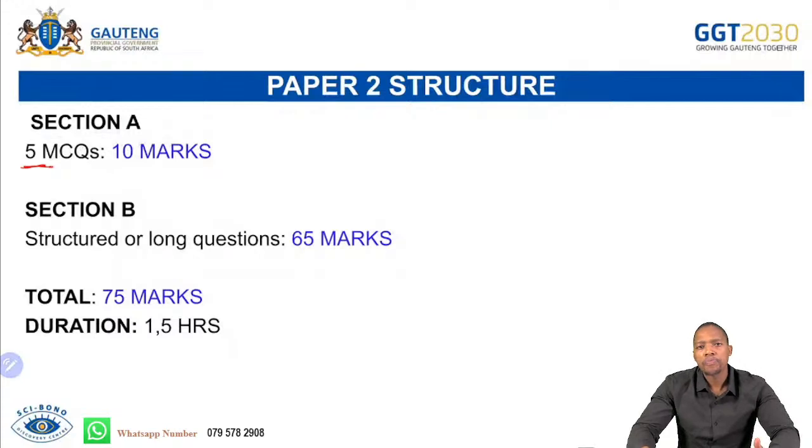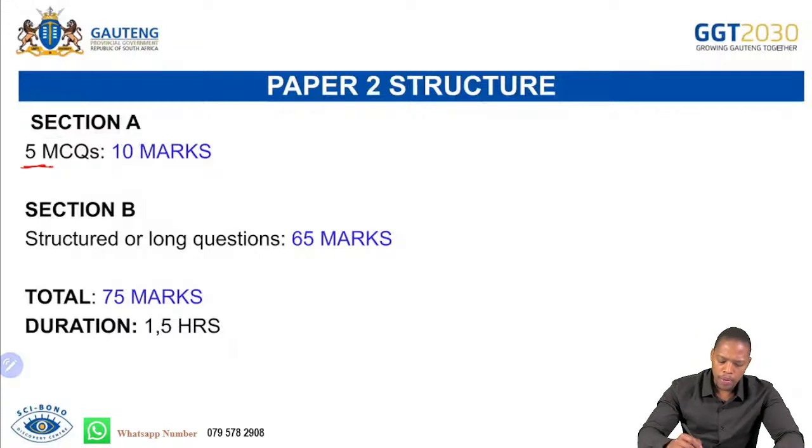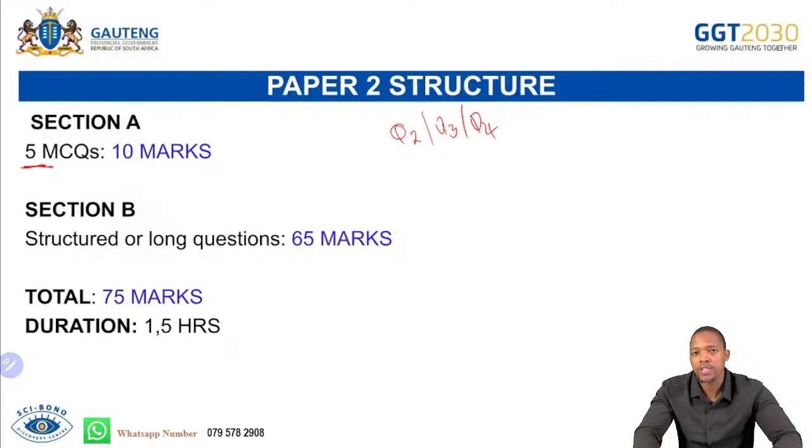So organic chemistry, we will find it in multiple choice questions, obviously, in the first 2 or 3 multiple choice questions. That would be 1.1, 1.2, and maybe 1.3. But the structured questions for organic chemistry will be question 2, question 3, and question 4 most of the time.